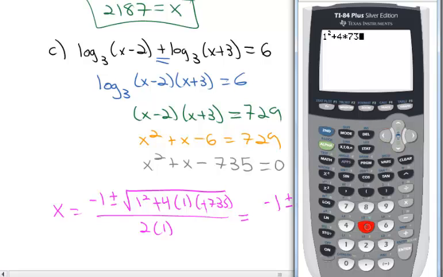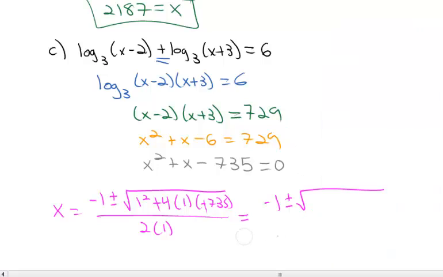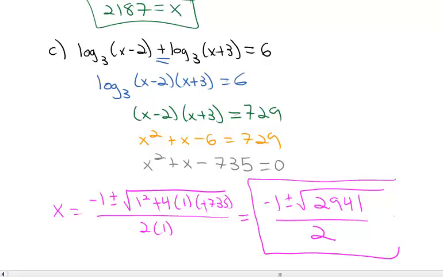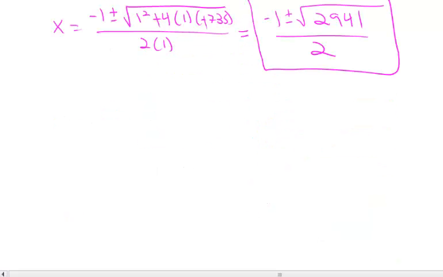Oops, 735. Square root of 2941 over 2 times 1 is 2. And I don't think that radical reduces, so we'll leave it like that. That one got kind of ugly. Hopefully they'll be nicer to us on the homework assignment.